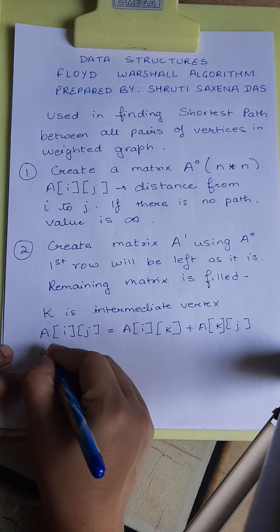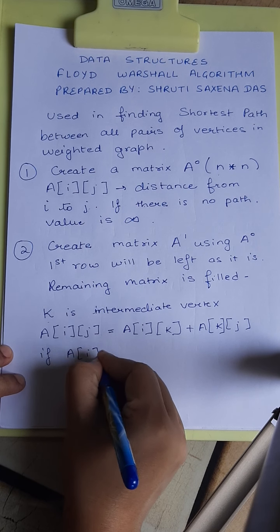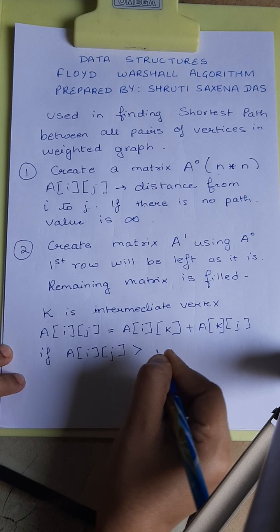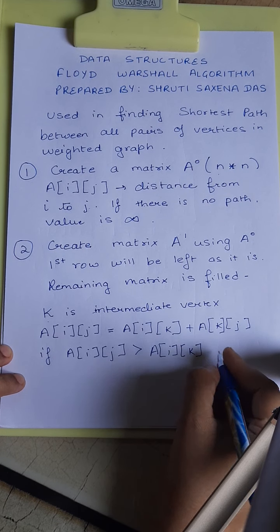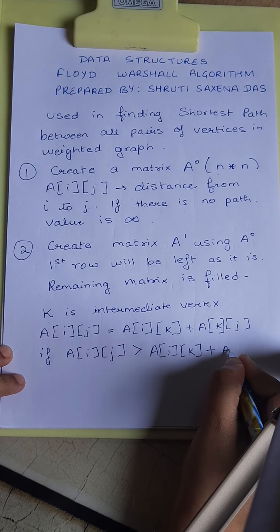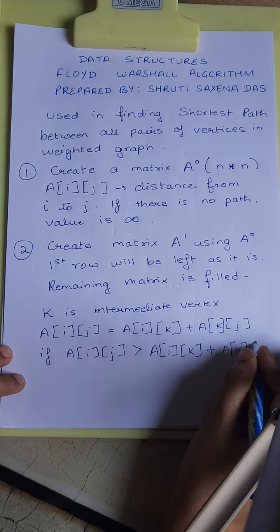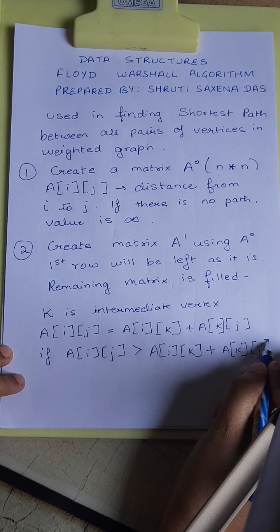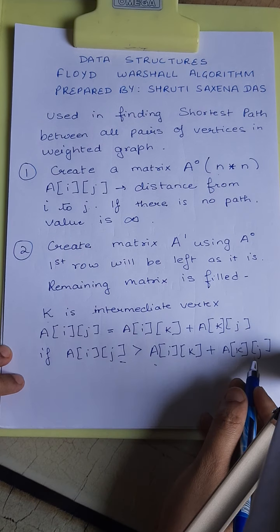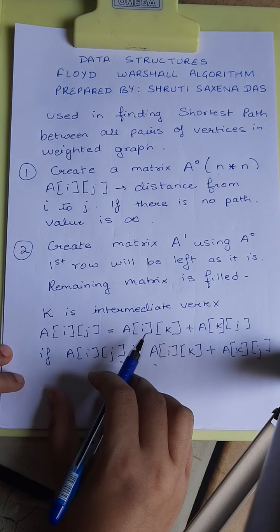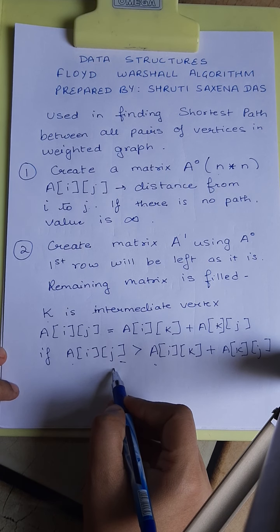If the value of A of ij is greater than this value, as we have to find out the shortest path, we will take the shortest value only. If A of ij is greater, then only we will replace it by this value, otherwise we will keep the original value which was A of ij.